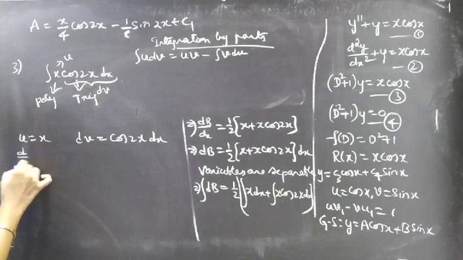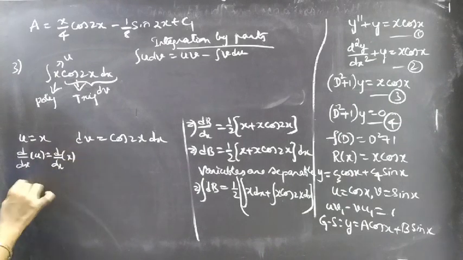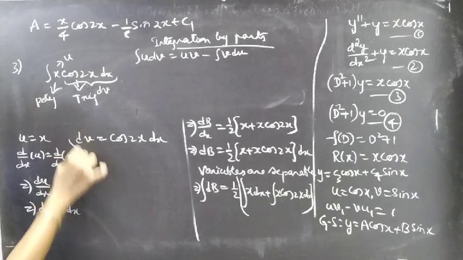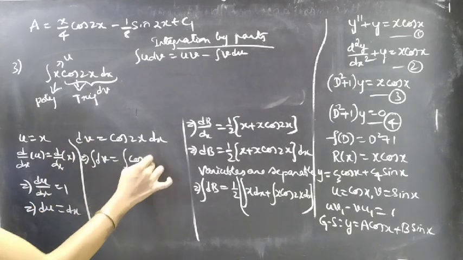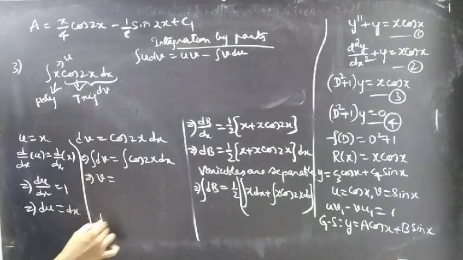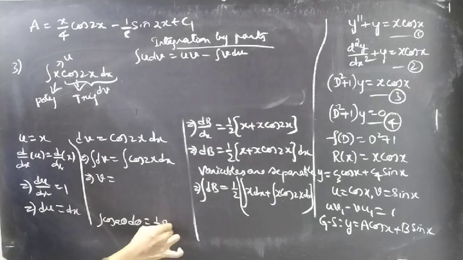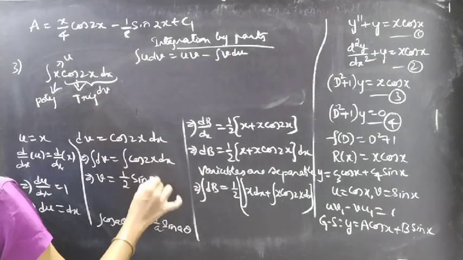Differentiate on both sides with respect to x. Then we get du by dx equals the derivative of x with respect to x, which is 1. From this we get du equals dx. And here integrate on both sides to find v. We get v equal to, since we know that integral cos a theta d theta equals 1 by a sine a theta, then for a equal to 2 and theta equal to x, we have 1 by 2 sine 2x.